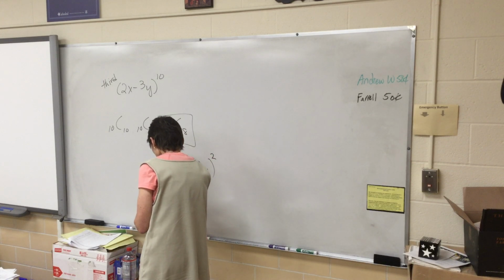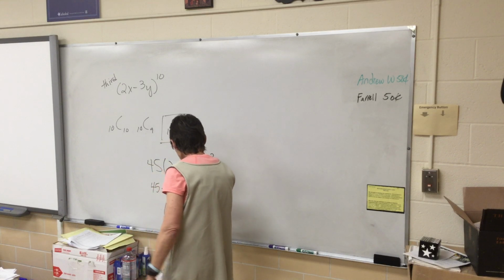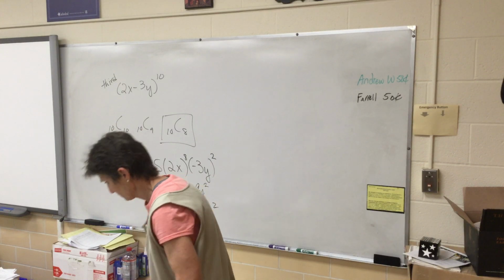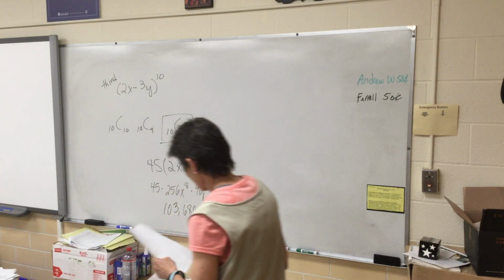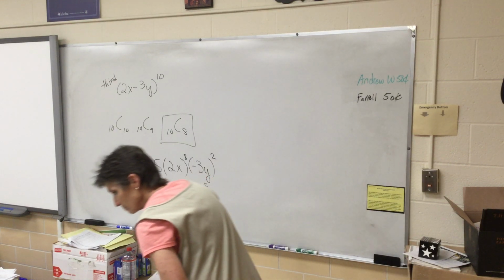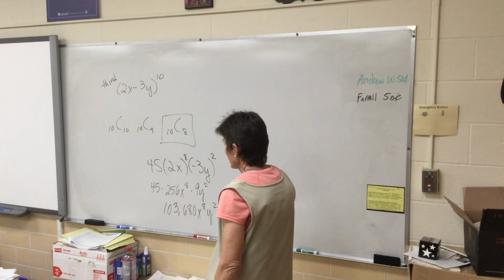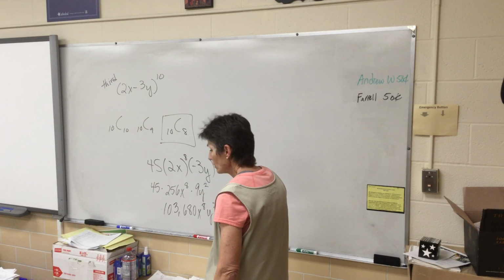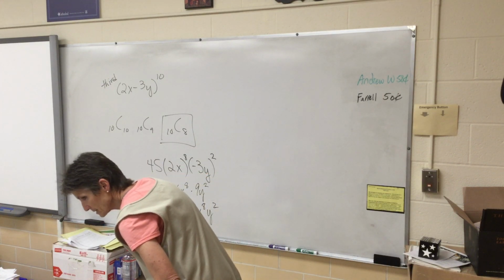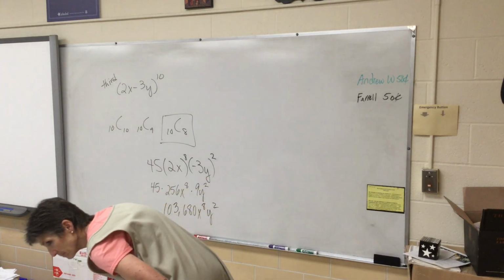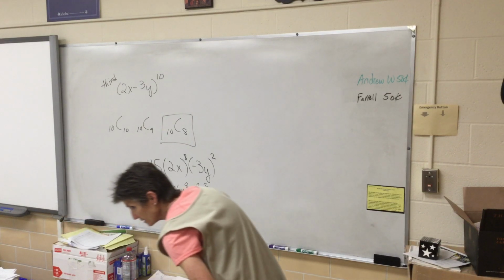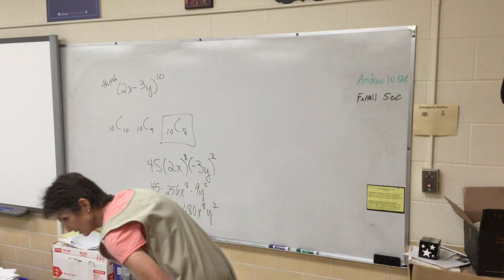So 103,680 x to the 8th y squared. All right, are we okay? Let's see a thumbs up if we're okay with that. I see some thumbs coming up. Jameson, as usual, I can't even see you. Jameson, thank you.